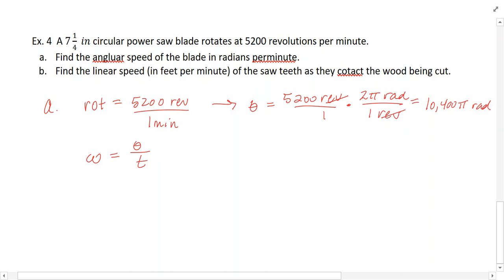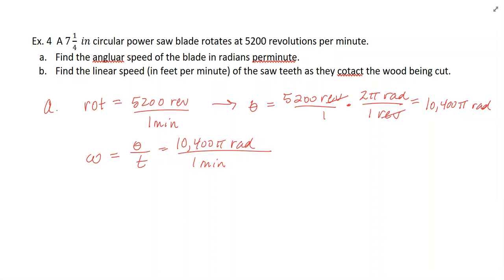Now I'm not going to round at this point. I'm not going to find the decimal value at this point. You're going to end up with a rounding error unless you go back and keep using the exact value. So now, I know that this is 10,400 pi radians per 1 minute because I was dealing with revolutions per minute.